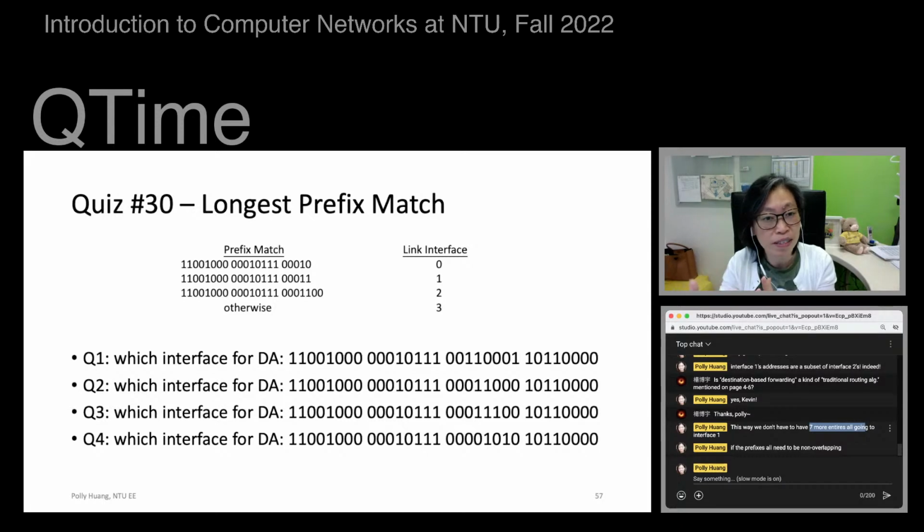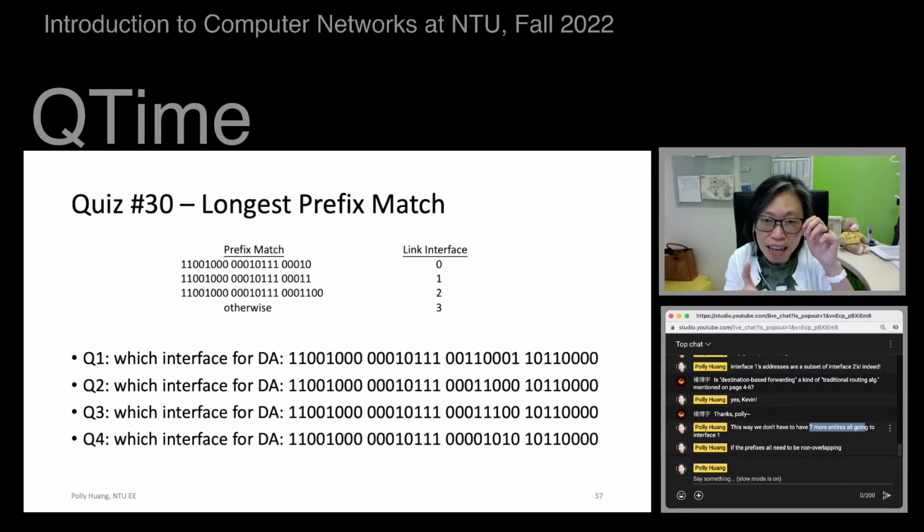We don't have to have 7 other entries all going to interface 1. This way, with longest prefix match, we don't need the prefixes to be strictly non-overlapping, and it will still work. So you have fewer entries in the table, and lookup is faster.